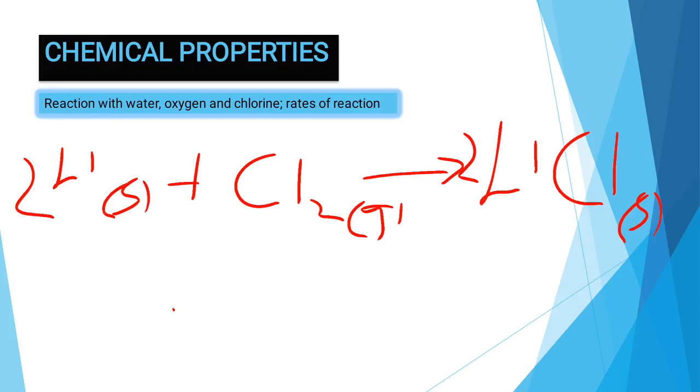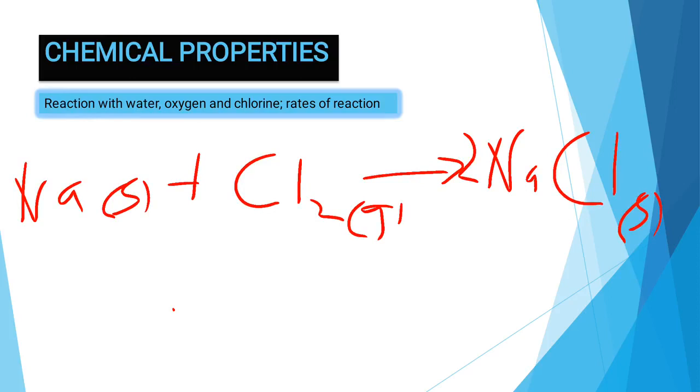How do you write the equation for the reaction between sodium and chlorine? Very simple. You just need to replace the lithium that we have here with sodium. You just take sodium, and here you just have sodium. How do you write it with potassium?